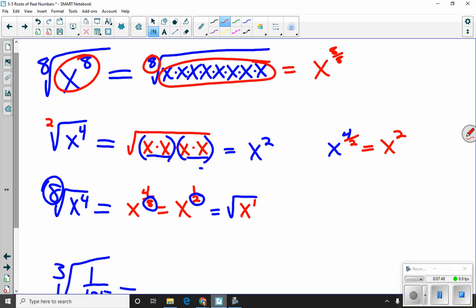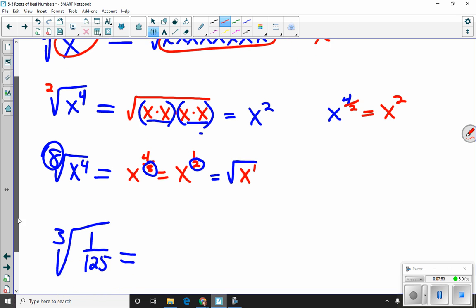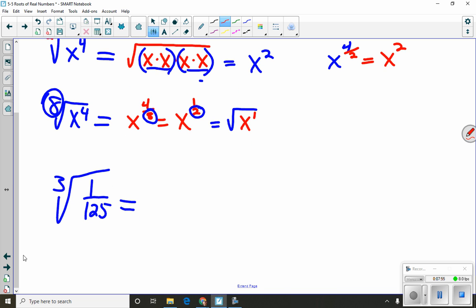And you can go back and forth from fractions, which we're going to talk more about in our next lesson. But just to lay down some of where we're going, it's a little bit helpful. Also, what if there's fractions in it? Well, guess what? This is really the cube root of 1 over the cube root of 125.